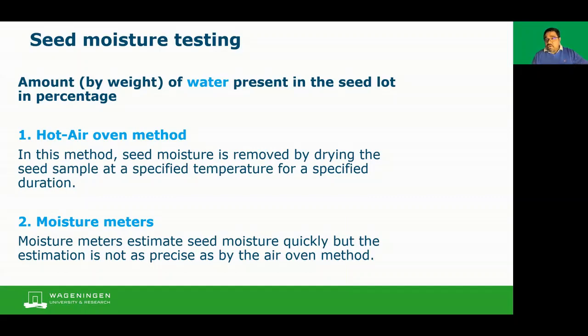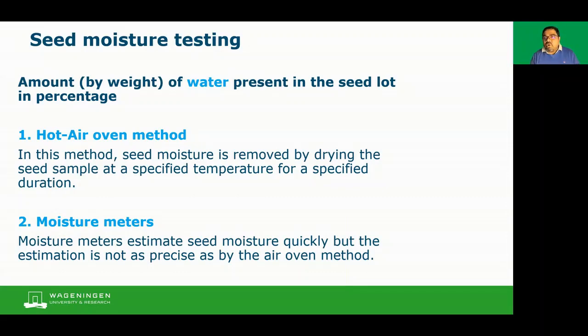So we remove all the water, and there are again standards. ISTA has specified what seed should be kept at what temperature. Normally there are 2 different methods. We keep the seeds at 103 degrees centigrade for 5, 6, or 7 hours or longer. So it is called the low constant temperature oven method. At a lower temperature, we keep it for a longer time.